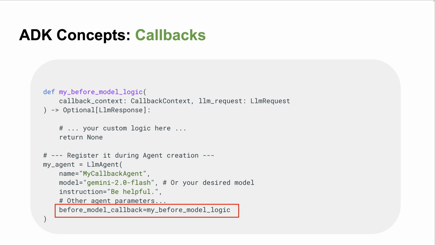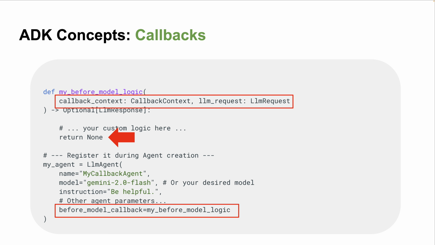Now note these special context objects passed to the callback function here. The framework automatically includes these objects with contextual information like invocation details, session state, and potentially references to services like artifacts or memory. Another thing to note is that you can either return a None, in which case it will allow the workflow to proceed as usual, or you return a specific object which will override the default behavior of whatever the next step of the workflow would be.